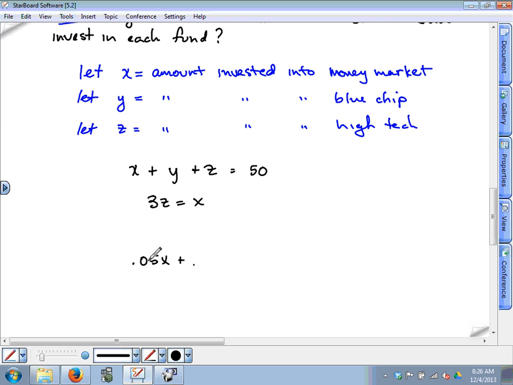Okay, so 0.05x is 5% of whatever he puts in the money market. Plus 0.09 for whatever he puts in the blue chip, plus 16% for whatever he puts in the high-tech fund. And that's supposed to give him a return of 4,000. What do you guys think about that?